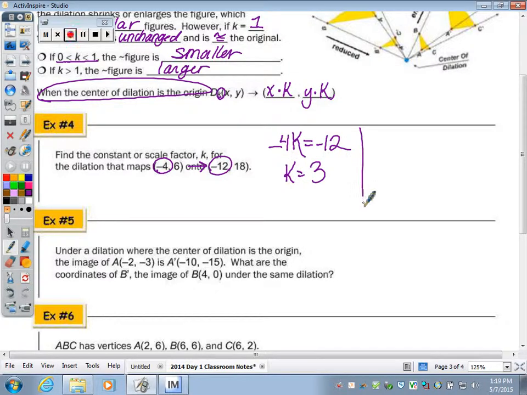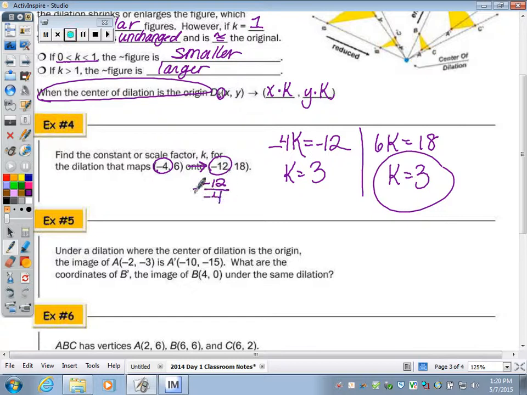If you want to double check yourself, you can do the same for the y coordinate. 6 times what gives you 18. Divide by 6 and the scale factor you can see is 3. If it was multiple choice, which this question probably will be, you don't need to show any work. You can also take this x coordinate of negative 12 and do the opposite of multiplication, divide, and you can see you get 3. Okay?